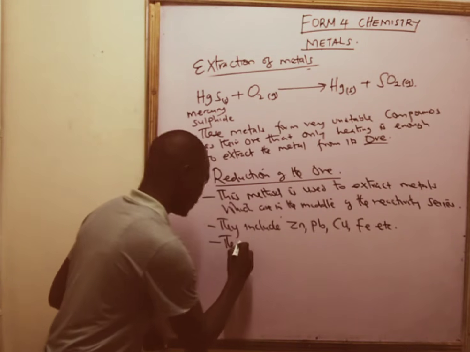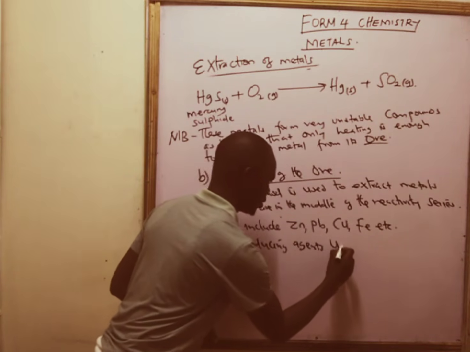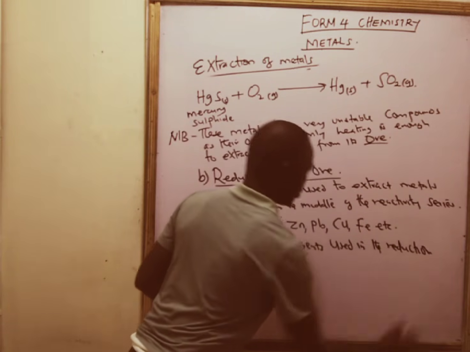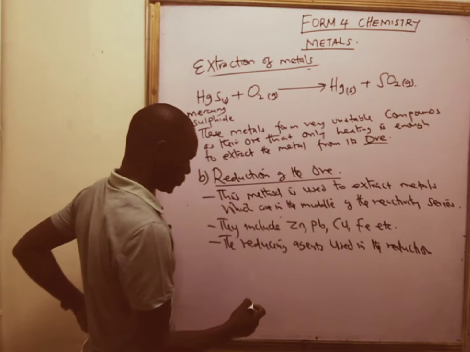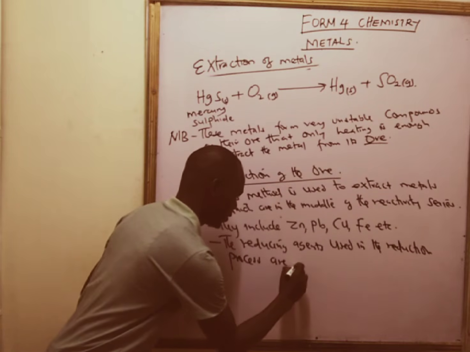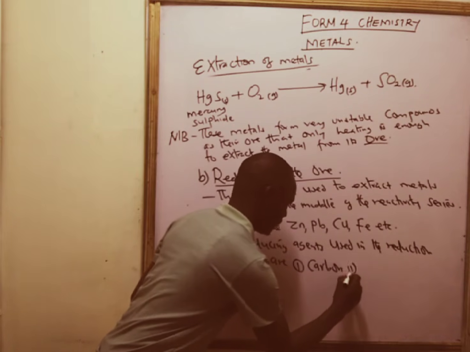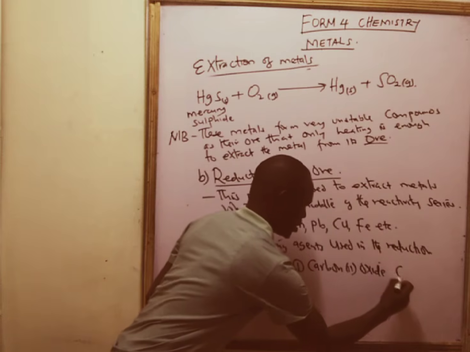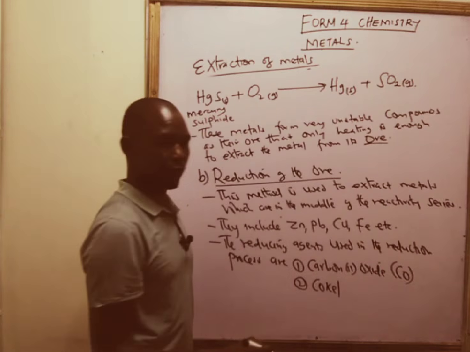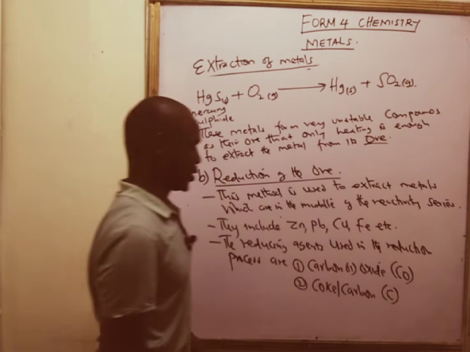The reducing agents used in the reduction process are, number 1, the main reducing agent, carbon 2 oxide, that is CO. Number 2, we use coke. Another name for coke is carbon, whose chemical symbol is C.